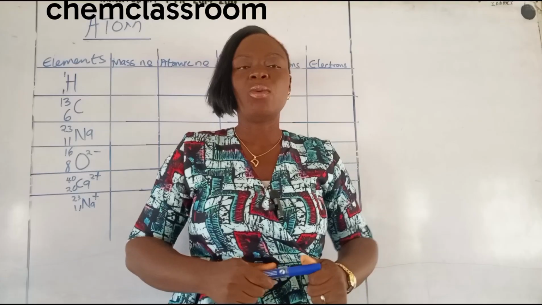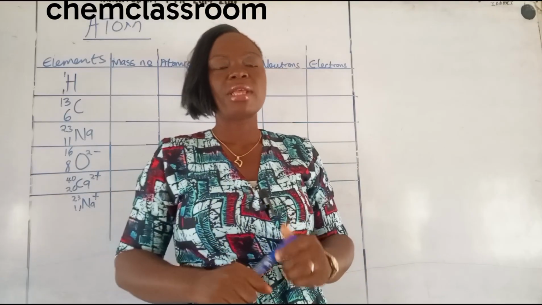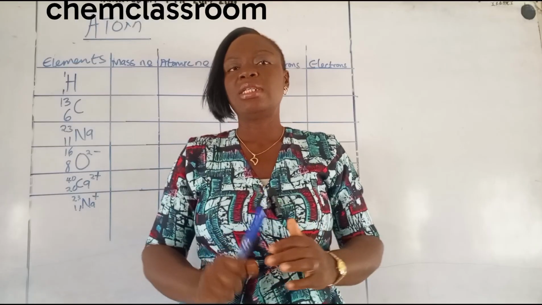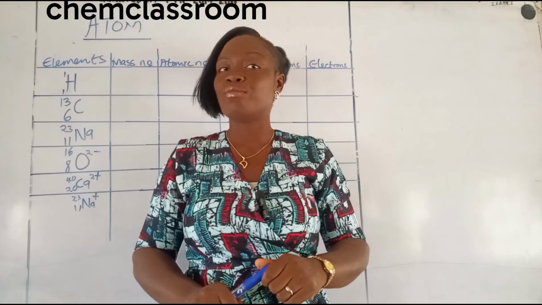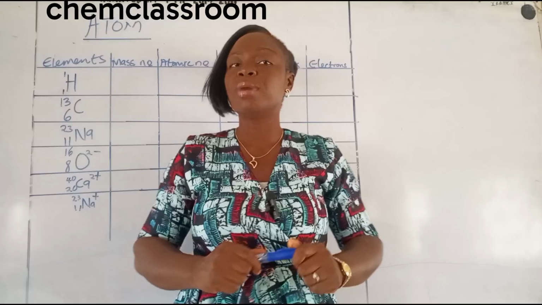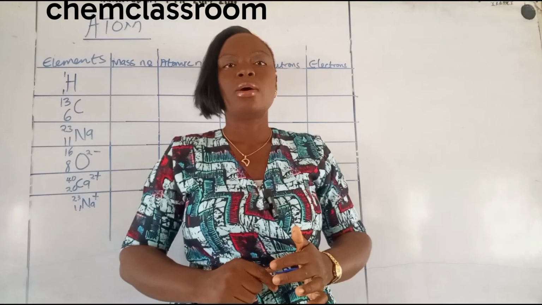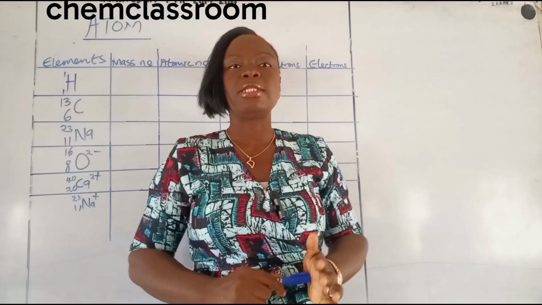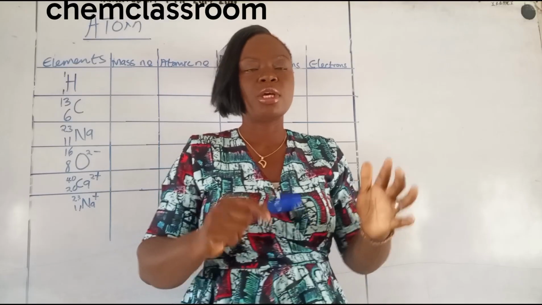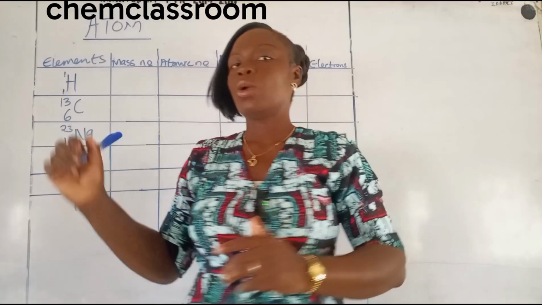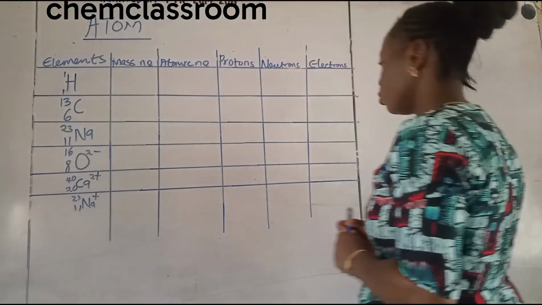Now we have something on the board and we are going to fill up the table. Your atomic number is the number of your protons, while the atomic mass, or your mass number, is the protons plus the neutrons. So if we're able to establish that, we'll be able to fill up what we have on the board.